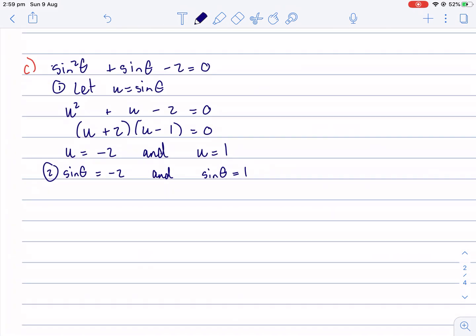Sine is never less than negative 1, so no solution. And if you'd actually chucked arcsine, which is always a good thing of last resort to do, in your calculator, you would have gotten math error. But we can do sine theta equals 1.